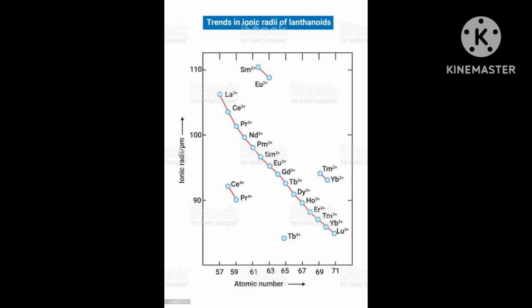Then we will get Ce4+ and 4f0 will remain. Then here for cerium the radius is 183, but for Ce3+ it will come very less, 103.